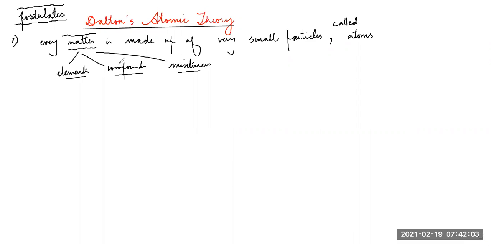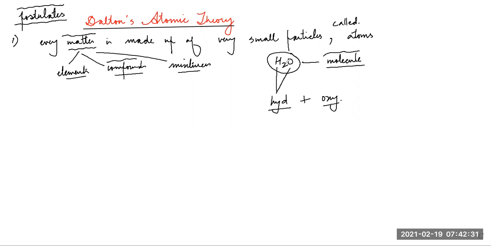Atoms. Now you might think that, sir, H2O is not an element, it's a compound. It's made up of two elements, hydrogen and oxygen, right? But then this is a molecule, a molecule of water, a molecule of H2O.